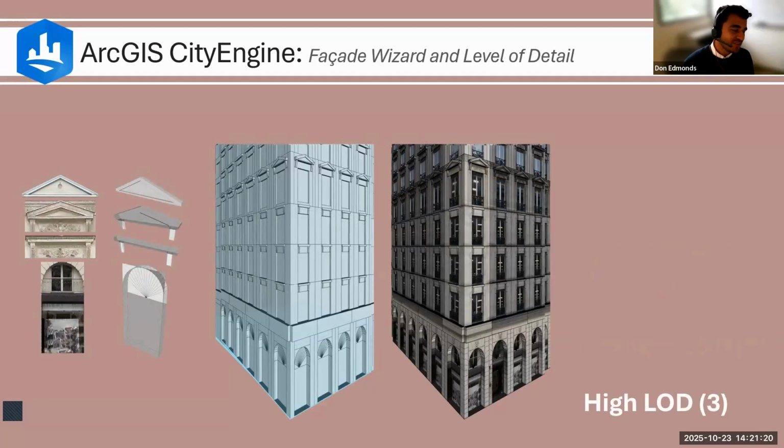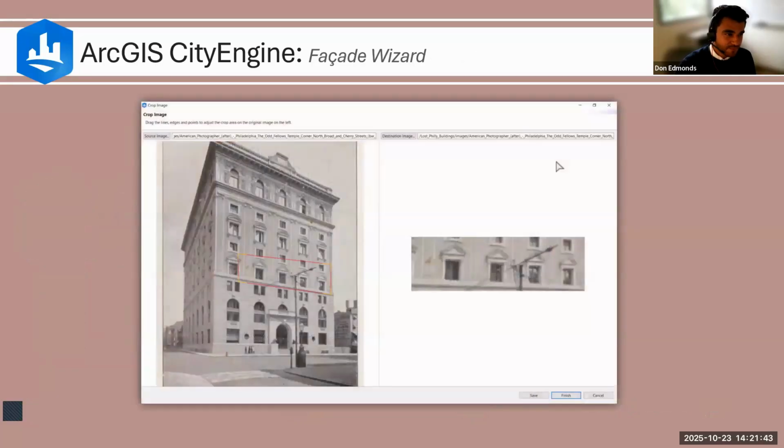So City Engine on the left here has these different models that you can apply to different parts of your building facade. And then again, because it's going to be repeated throughout all those other parts of the building, that articulation, that ledge will also get repeated. So this is a high level of detail. And this is what I did for my project.